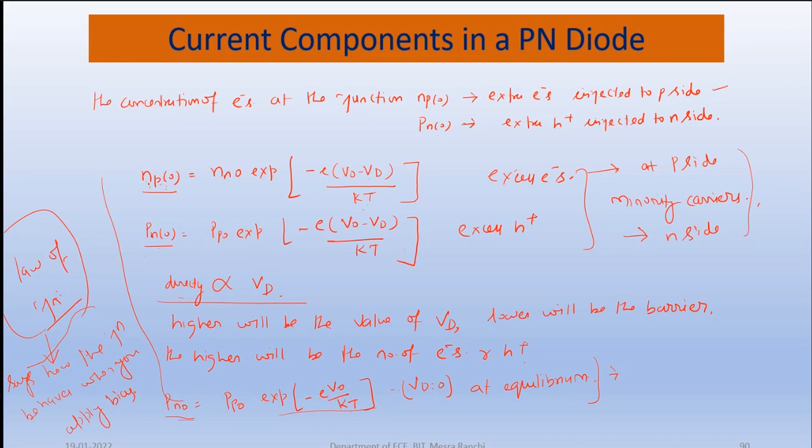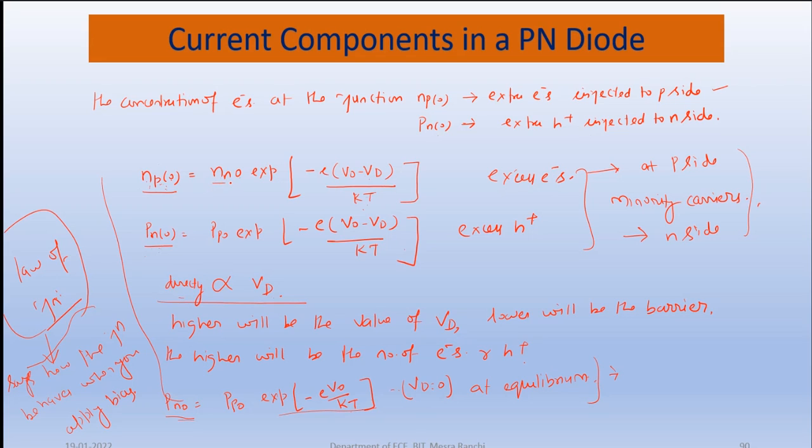So we can write from the Boltzmann relationship, n1 equal to n2 exponential V21 by Vt. As per that, I can write np naught, the extra electrons injected to the p side, equal to nn naught, because nn naught was the majority charge carriers at the n side.